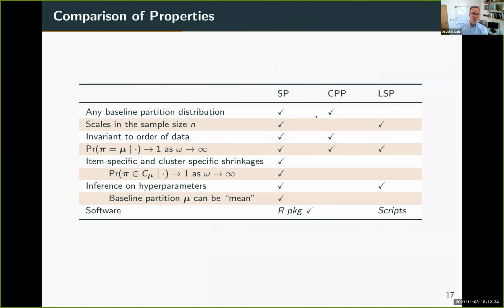And so we're going to be going through point by point all of these different properties that our shrinkage partition distribution has that are present in some of the CPP and the LSP, but not all. But before we go through these individual properties, I should introduce exactly what we're proposing for the SP and also contrast that with the CPP and the LSP.